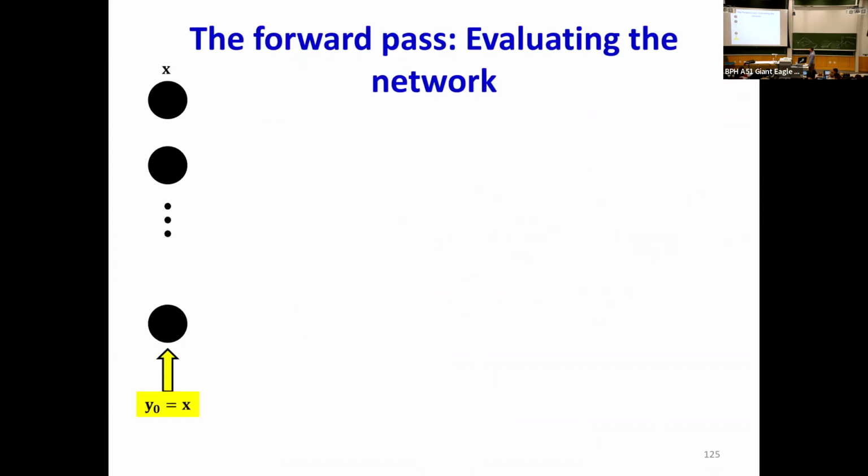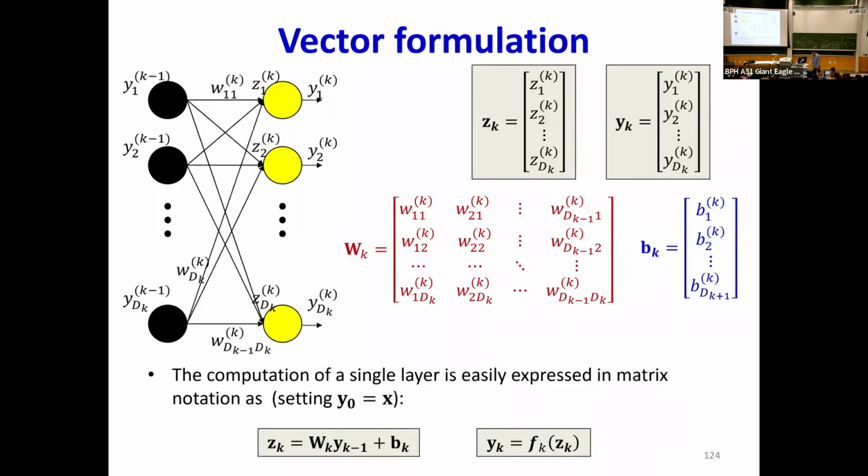We can actually verify that this works because remember, our scalar equation was that for the kth layer, z_j^(k) was the summation over i of w_ij^(k) times y_i^(k-1), plus b_j^(k).